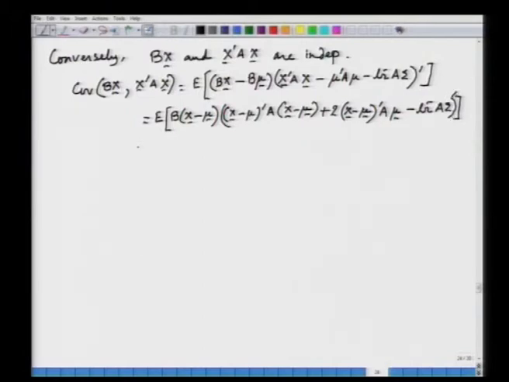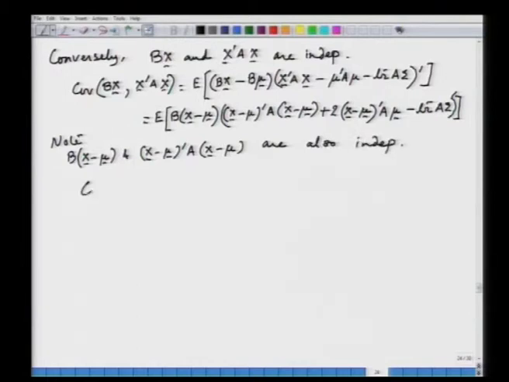Now what we are going to use is that we have been given Bx and x transpose Ax are independent. Since Bx and x transpose Ax are independent, it is the same as saying that B(x minus mu) and (x minus mu) transpose A (x minus mu) are also independent.